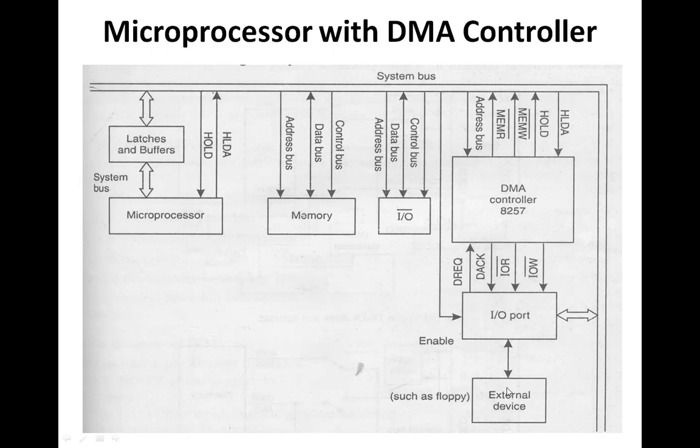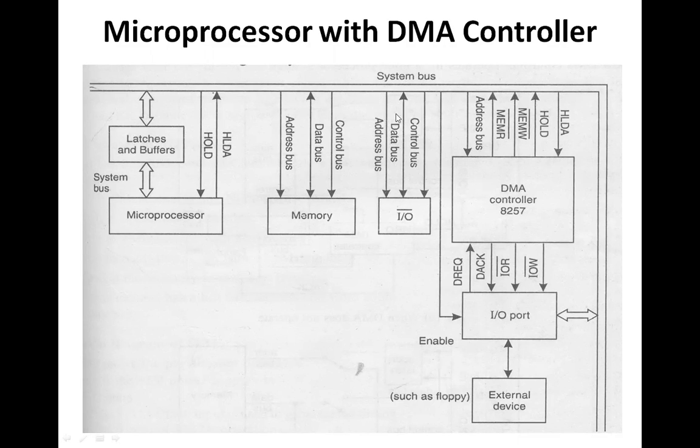Suppose it is a floppy disk. It wants to transfer the data to a certain memory location. So through the port, the request signal will come to the DMA controller. When the DMA controller receives this DMA request, it will send the hold signal to the processor through the system bus.